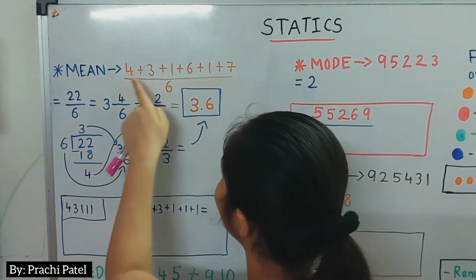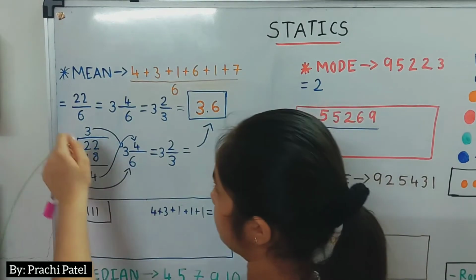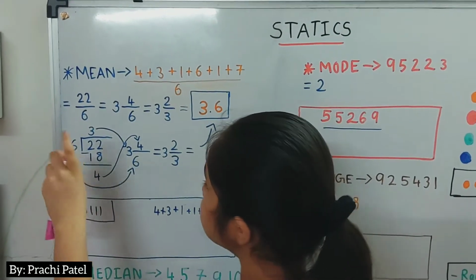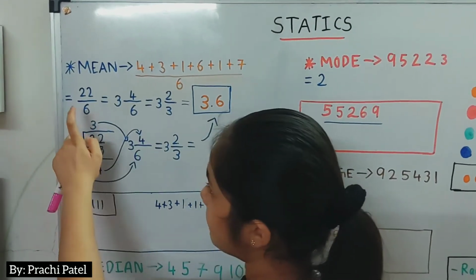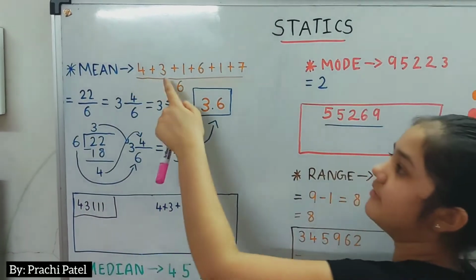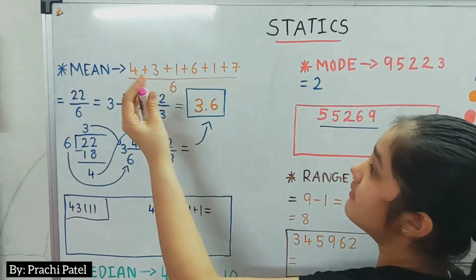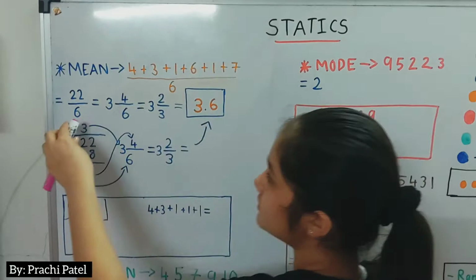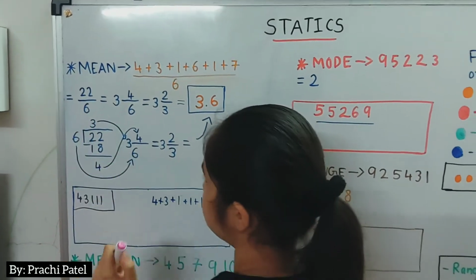The total of this is 22, so we wrote the 22 over here. Then we divided by 6 because we have 6 numbers.